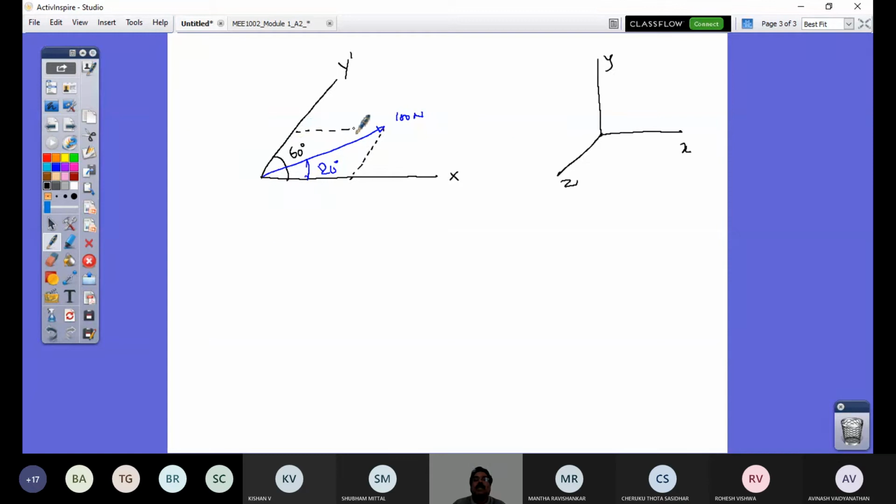This constructs a parallelogram, and the diagonal of this parallelogram is the 100 Newton force. The adjacent side on the x-axis gives me my Fx, and the other adjacent side I'm going to find out as my Fy dash.